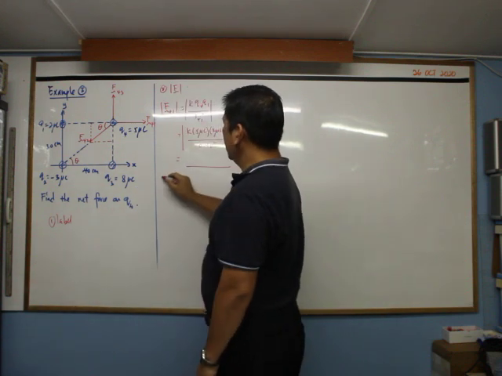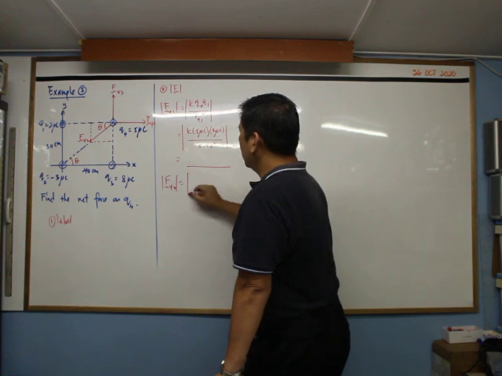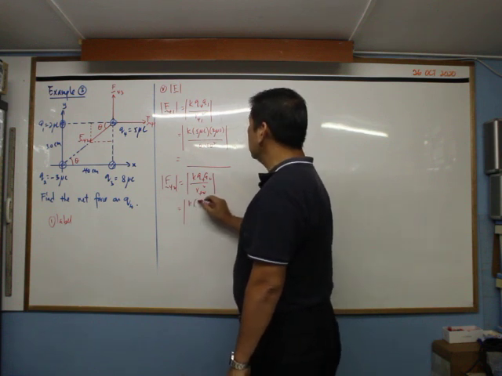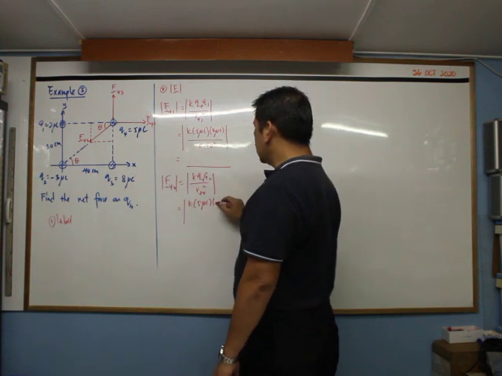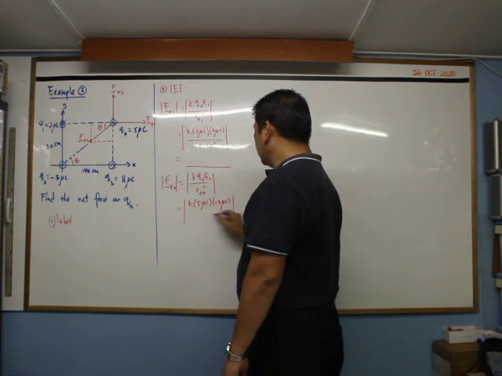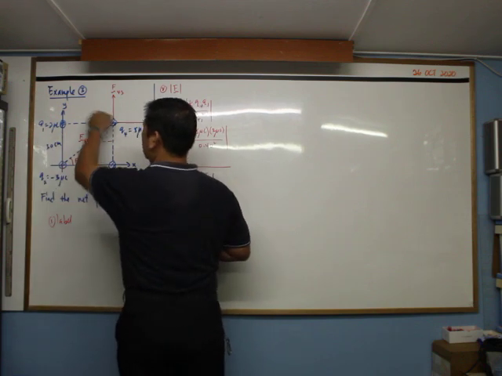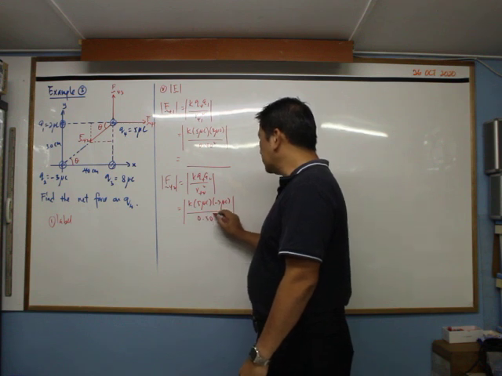Then you calculate, and then the same thing for F42. It is K Q4 Q2 over R42 squared, and Q4 is the same, 5 microcoulomb, and Q2 is -3 microcoulomb, and the distance here is what? 30, 40, 50, according to your uncle Pythagoras, 0.50 squared.